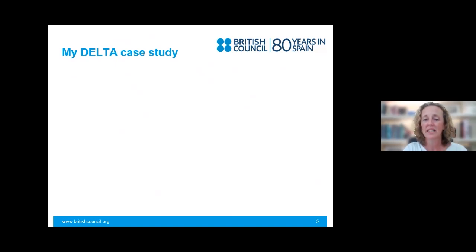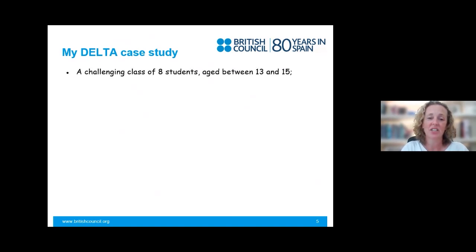So moving on, when I did my DELTA, as part of the experimental practice, I decided to use mindfulness. Why? Well, I had a very challenging class. There were eight of them, four boys, four girls, aged between 13 and 15.